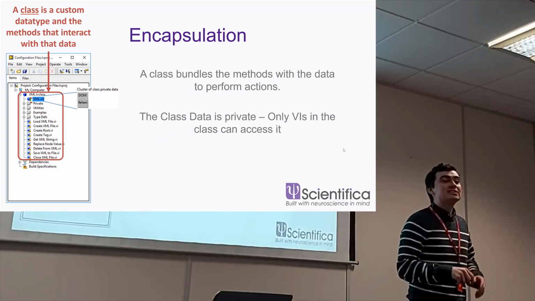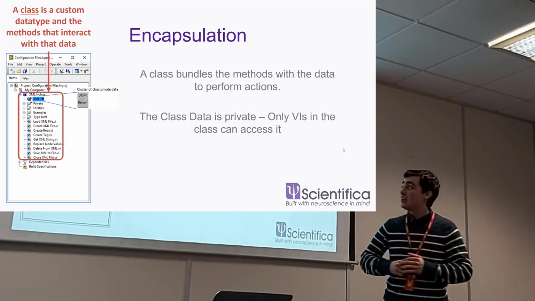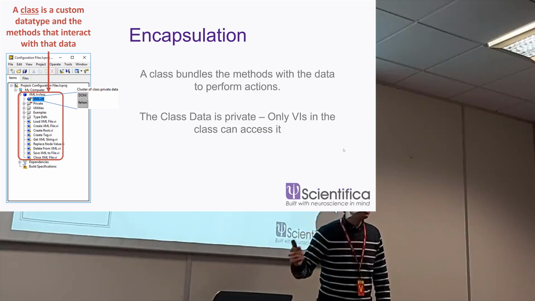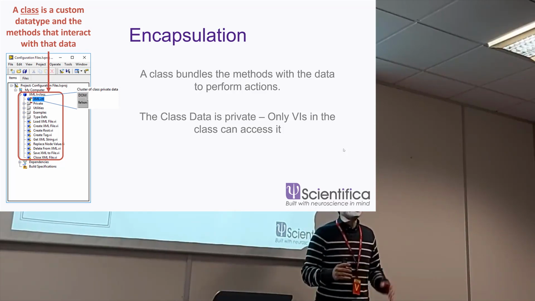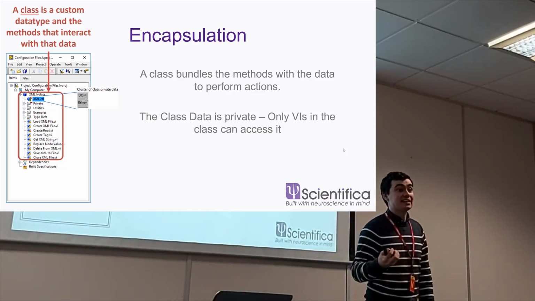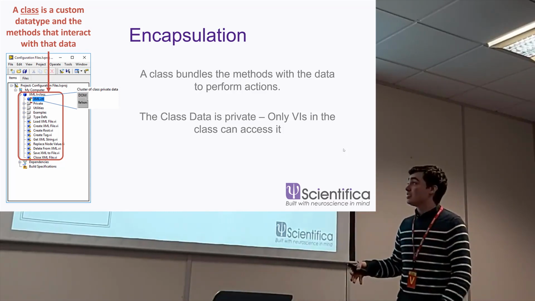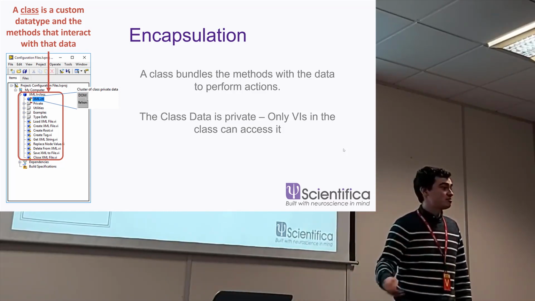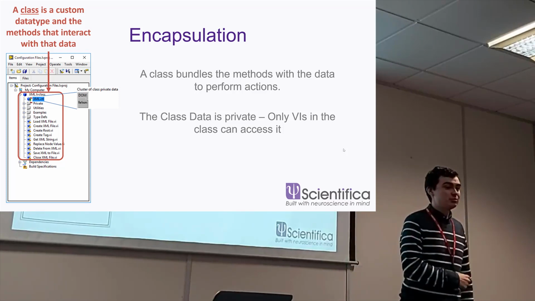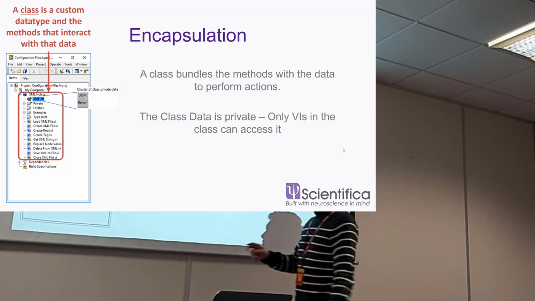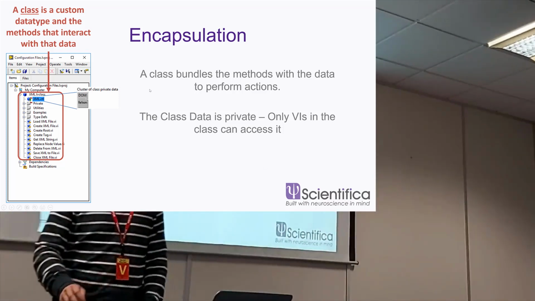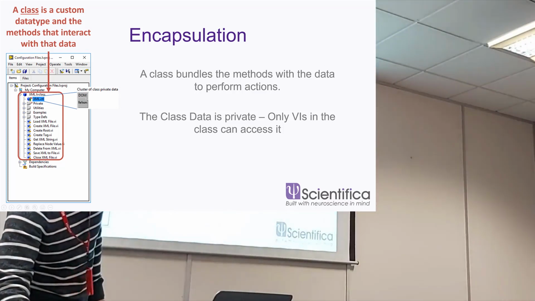On the board here, we can see a class, and it has a little blue cube in your Project Explorer. You have your class name, in this case XML, for a markup language wrapper API. And this class has some private data as well.